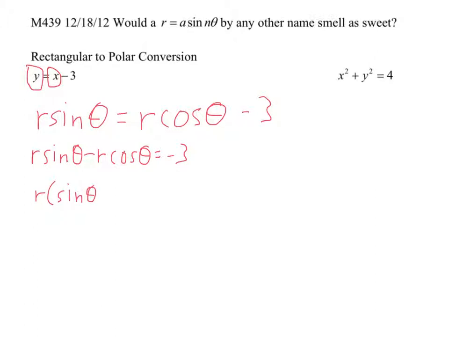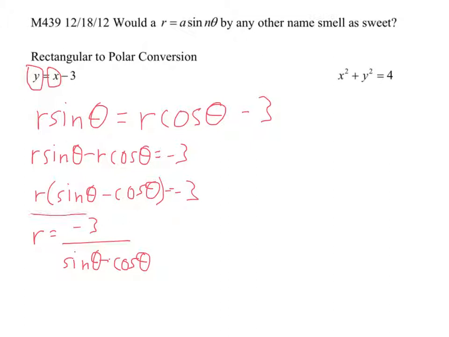We get r times sine of theta minus cosine of theta, and that equals negative 3. And now, let's solve for r. r equals negative 3 over sine of theta minus cosine of theta. And those thetas look really bad. I'm going to ask you to ignore that.